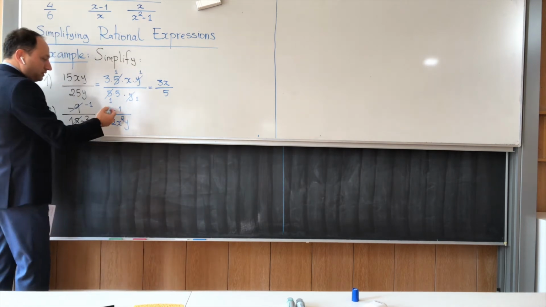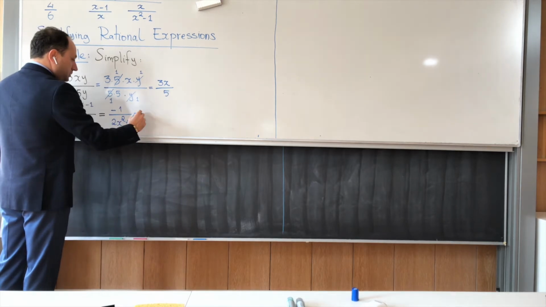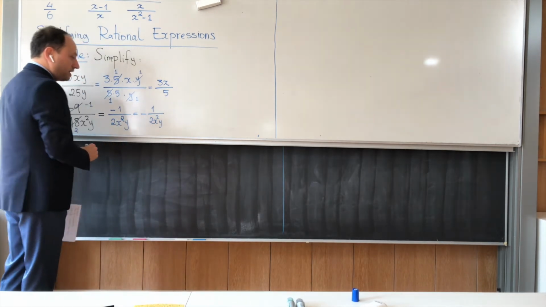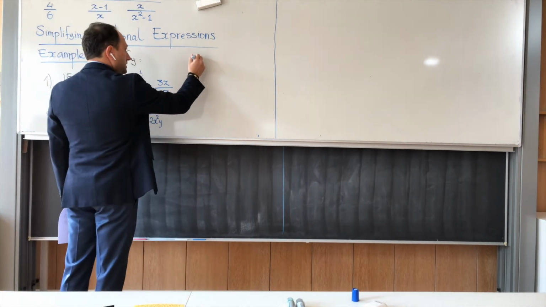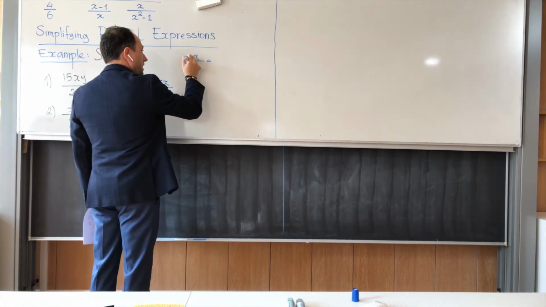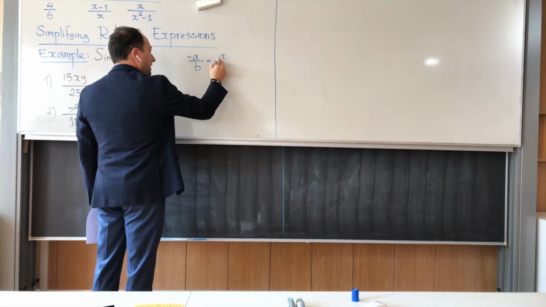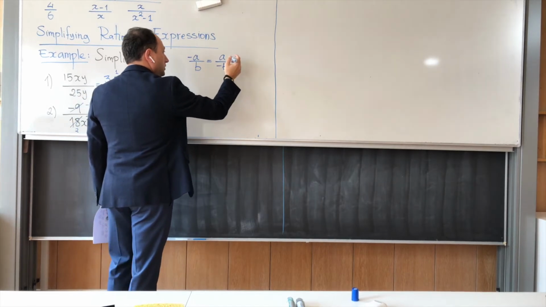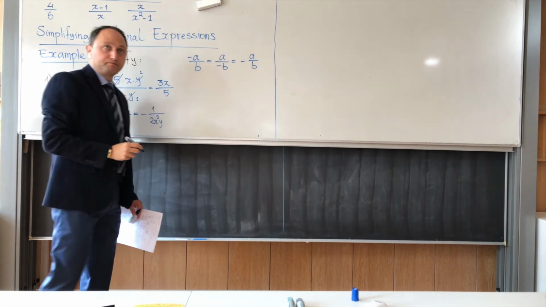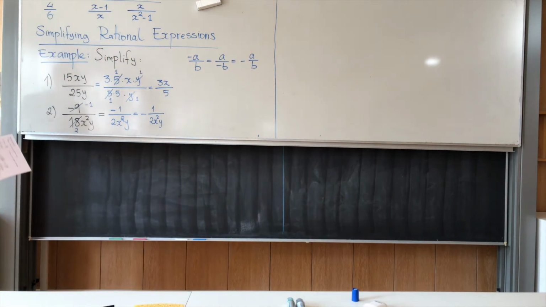I usually prefer to put this negative sign in front and write it this way, but that is not mandatory. There is no difference if you write a over b equals minus a over b, or a over minus b, or minus a over b.